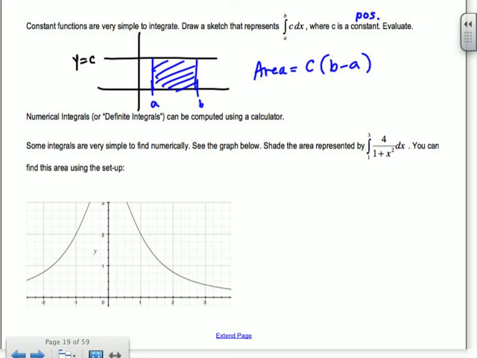Okay. This is what I wanted to do first before we went back to the other one. So it says numerical integrals or definite integrals can be computed using a calculator. Okay, so that probably tells you that most of the things on the AP test are what we call indefinite integrals. So they're not going to have numbers, or it's going to be on the non-calculator section. So you're going to have to still do this by hand.